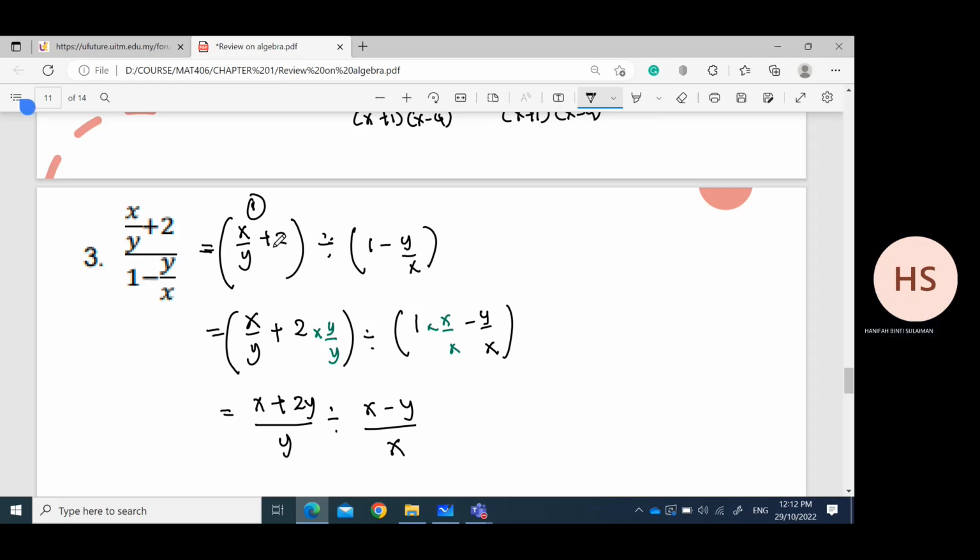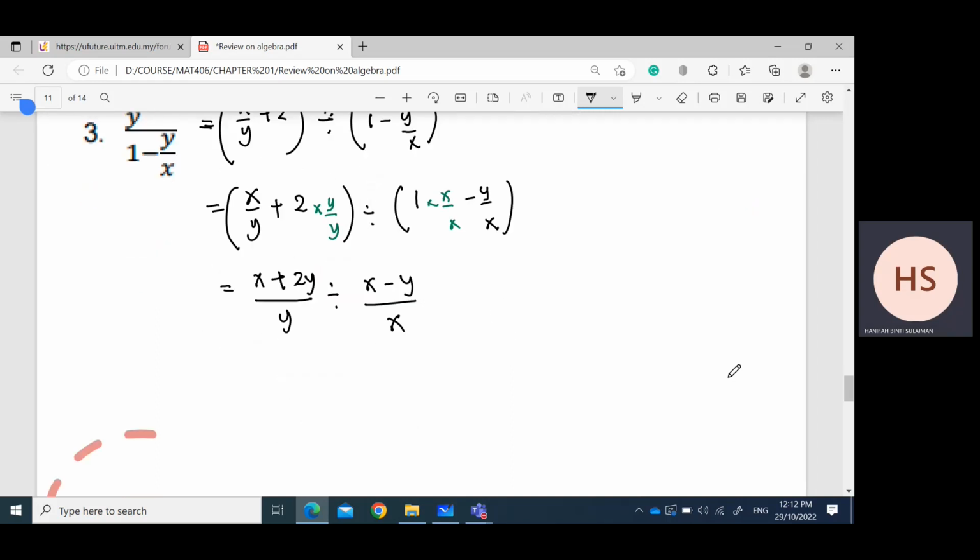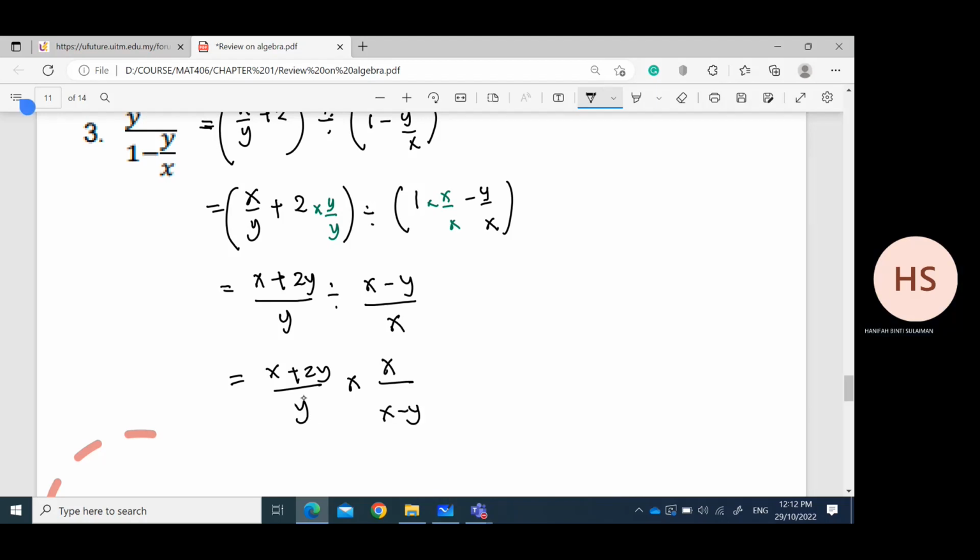Right, so as we discussed earlier about division, so we can convert it into multiplication. So it will be as x plus 2y over y times, so yang denominator akan jadi numerator lah, times x over x minus y.